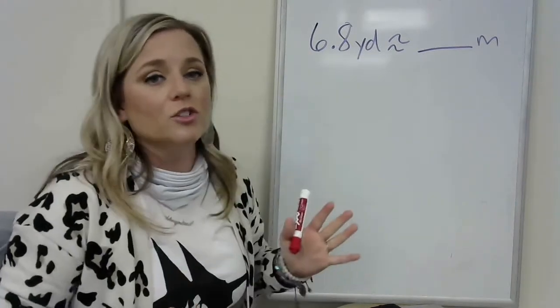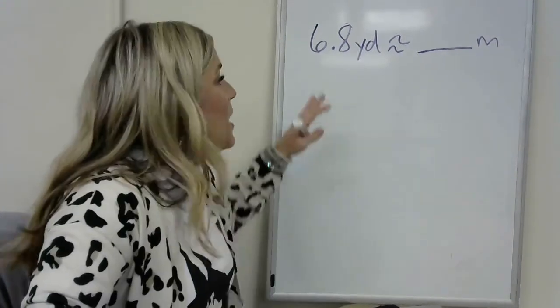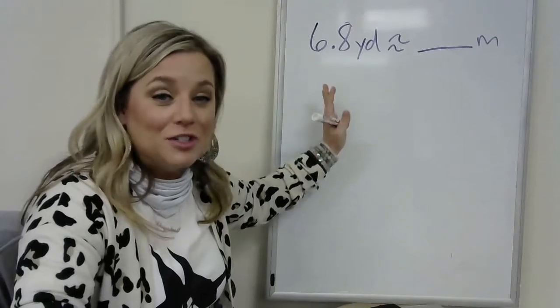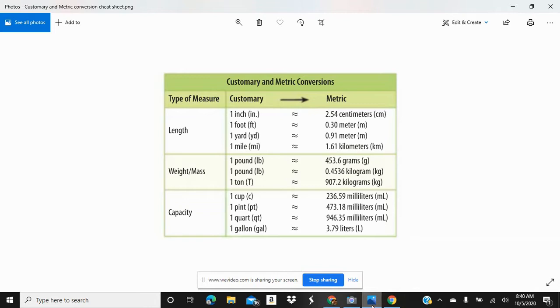We're going to look at our conversion chart again, even though we do remember that it is 0.91. We're just going to double check, and then we're going to come back, okay? This is just like last time. This is not probably necessary if we took notes, but we're going from yards to meters, so we're going to use the same conversion: 1 yard is about equal to 0.91 meters.